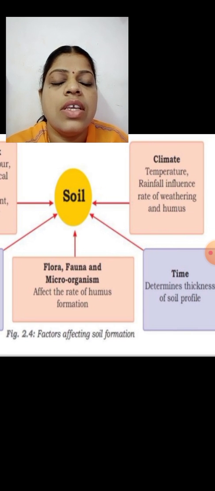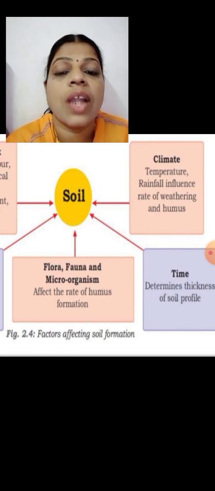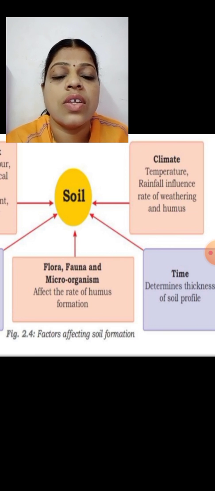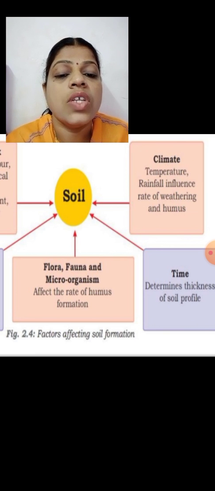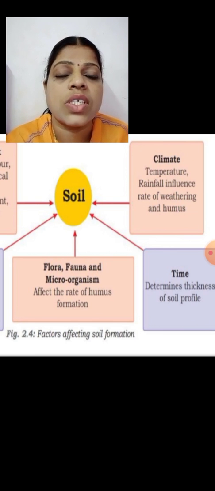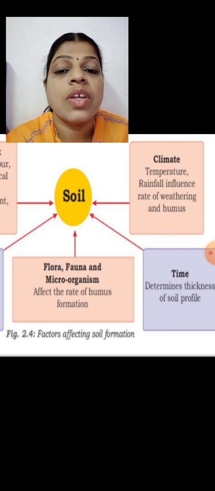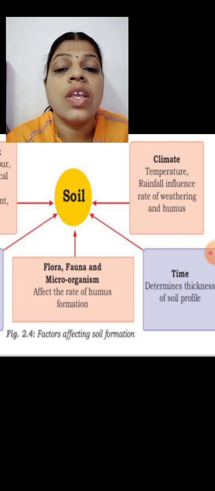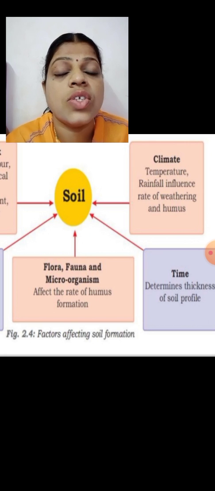Here we can see the first factor, climate. In this, rainfall and temperature influence the rate of weathering and humus. So children, we know about the climatic conditions, isn't it? Yes, that is temperature.